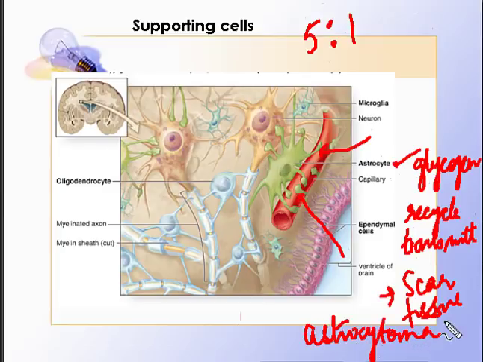So these are some functions. They have glycogen molecules which act as an immediate source of energy. Their processes invest capillaries, and on the other hand, they have connections with the neurons. So that's how they transfer nutrition to the neurons. They recycle neurotransmitters.